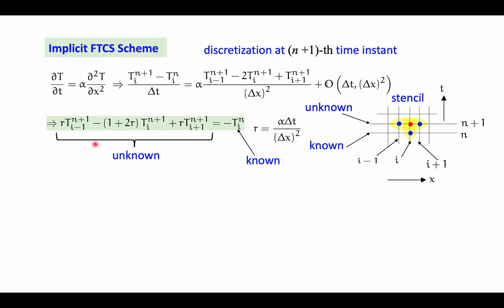Now if you look at this equation, you will see that on the left hand side we have all three unknowns, T i minus 1, T i and T i plus 1. All of them are at n plus 1th time level, and therefore they are unknowns, or they are the new T. The old T, that is the nth time level, that we already know, that is coming here at the right hand side.